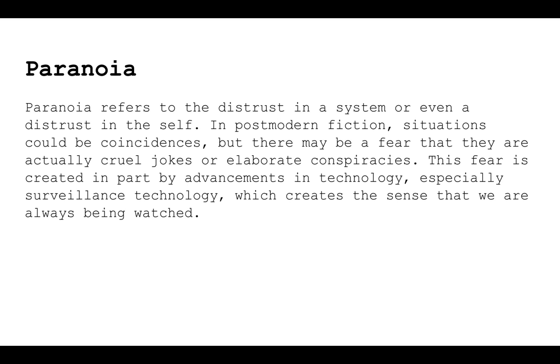You could hate the government or hate authority and not really be paranoid, but a lot of times they do go together. So another thing that could separate paranoia is that a lot of times in postmodern literature, it involves technology and being fearful of what technology might be doing. That technology might be watching people or manipulating people in some way.